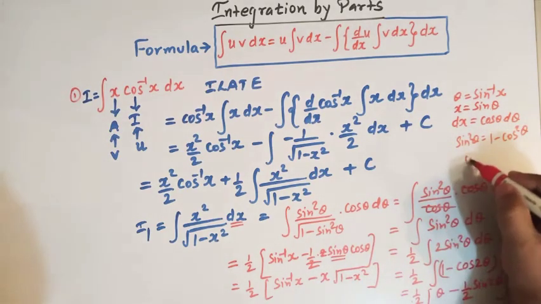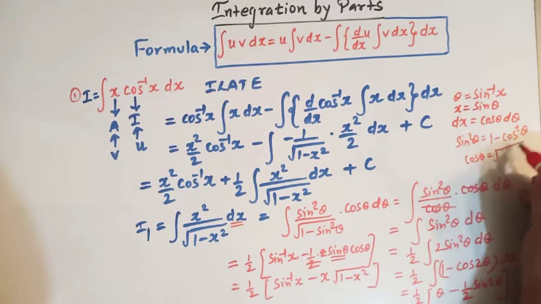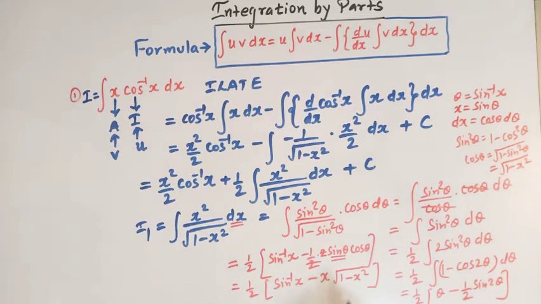So cos theta is square root of 1 minus sine square theta, that is equal to square root of 1 minus x square, right? So the value of this integral is half sine inverse x minus x times square root of 1 minus x square.